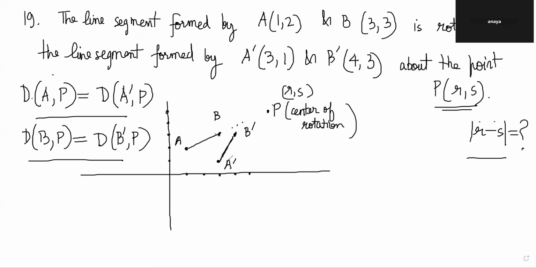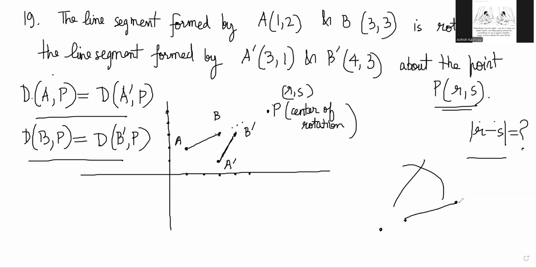Because that's how rotation works. If you take a line segment and rotate it about some origin, then automatically the distance of the new point from the origin is the same as the distance of the old point from the origin, right? That's the meaning of a rotation.